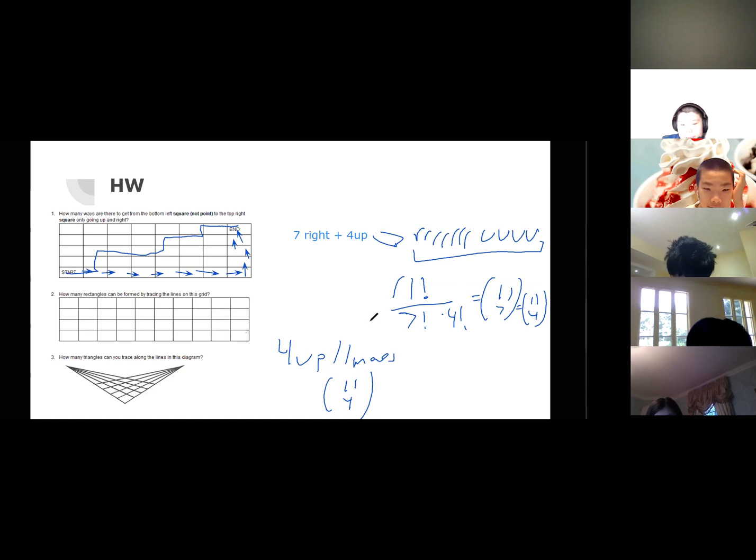And the reason why we don't want them to have an order like 1, 2, 4, 7, if we choose the first, second, fourth, and seventh one to be up, this is the same as if it were 2, 4, 7, 1. So we don't really care about the order as long as it's the same ones. So that's why if you just choose 4 of these, for example these, that's how you can make a path.